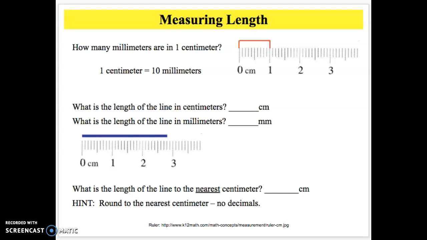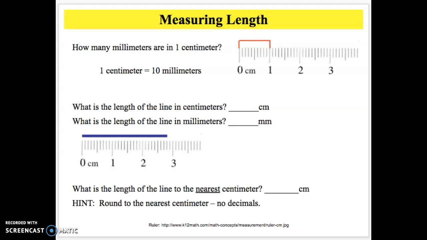And then we're going to count over 5, 6, 7, 8. So the line is 2.8 centimeters. Now, if we were to count in millimeters, we could count every single little tick mark, or we could just move our decimal place 1, and instead of having 2.8, we could have 28. So the line is 28 millimeters.